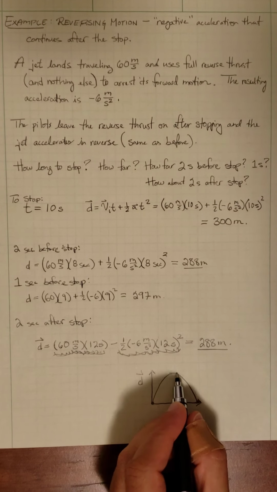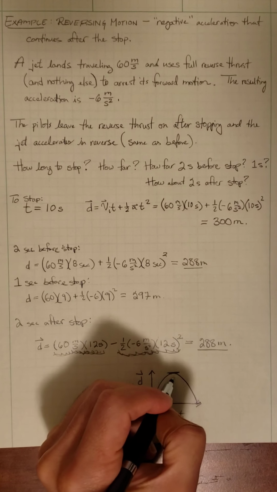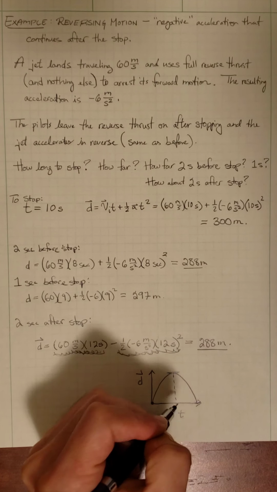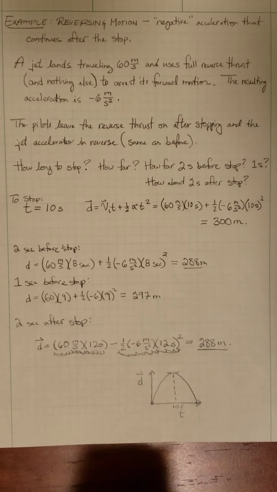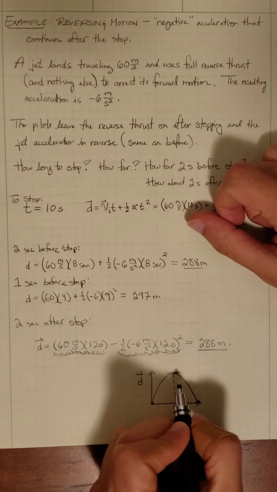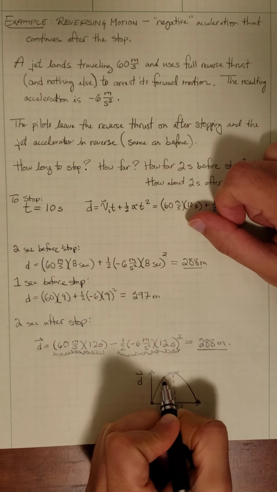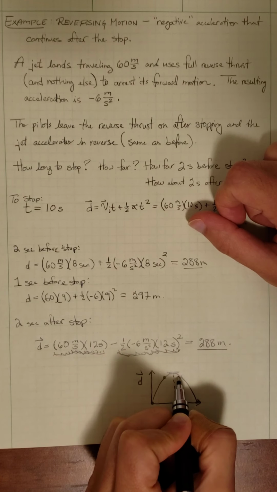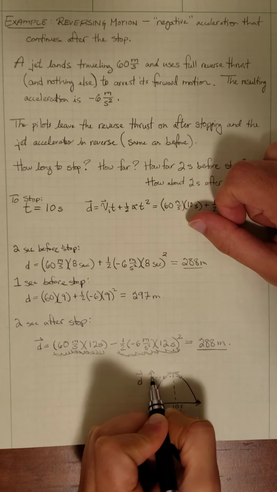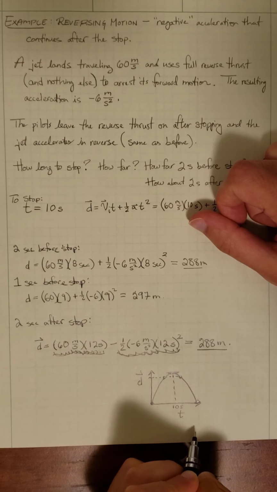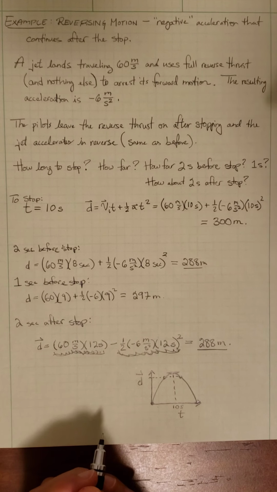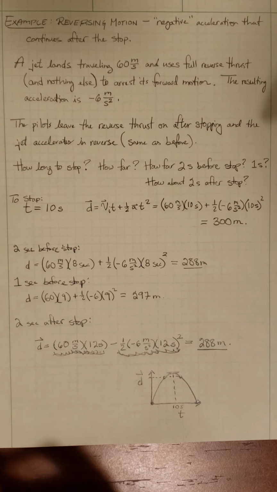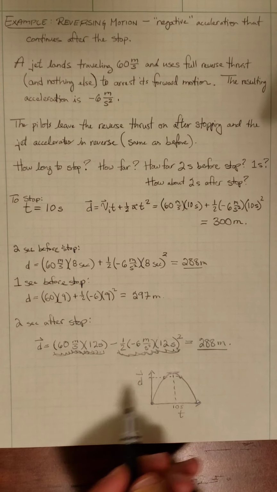Now the stop is here where the slope is 0 at t equals 10 seconds. And you'll notice that equal units of time on either side correspond to the same displacement, just like we found here. And that's just a property of parabolas, they are symmetric, like this.